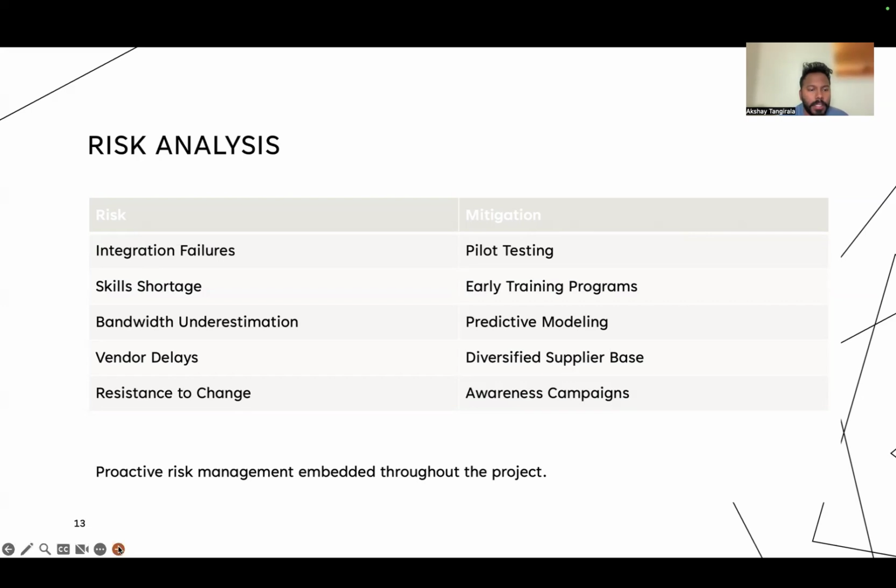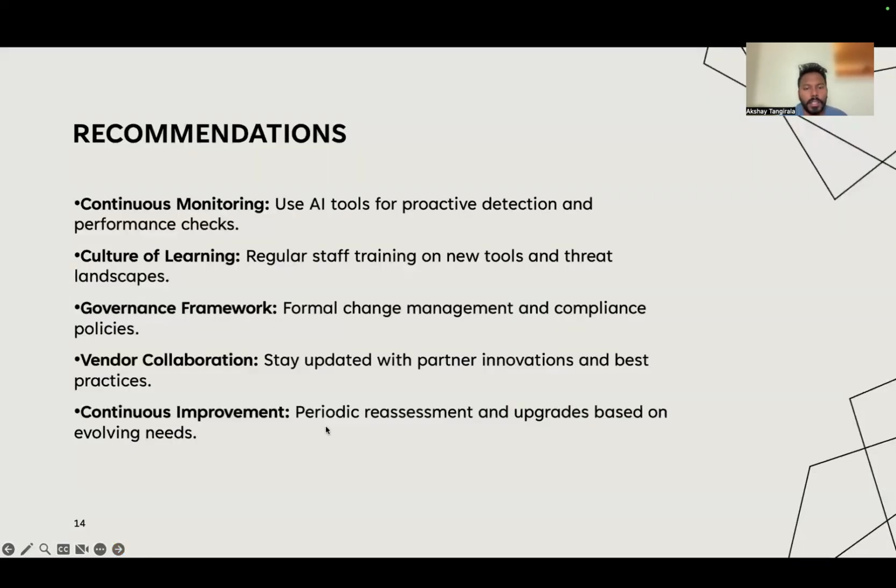Coming to recommendations to sustain project benefits, we recommend four key actions. The first one was establish continuous monitoring using AI-based tools, and the second one, creating a culture of continuous learning for IT and security staff.